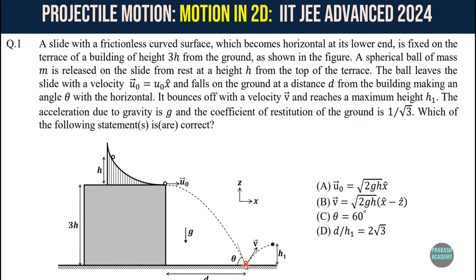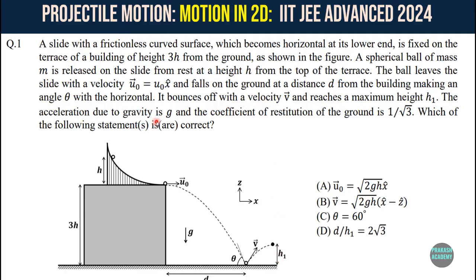It collides with the surface, that is earth, at this point, and its velocity vector makes an angle theta with the horizontal. The distance of collision from the building is given and this distance is d. After the collision the ball rebounds and the velocity of rebound is given and this velocity is v, and it goes to a maximum height of h1.